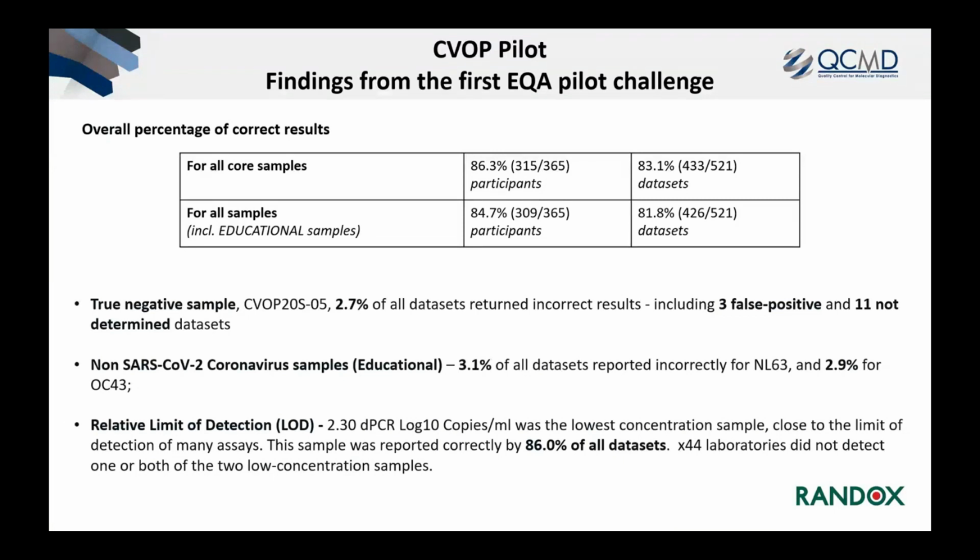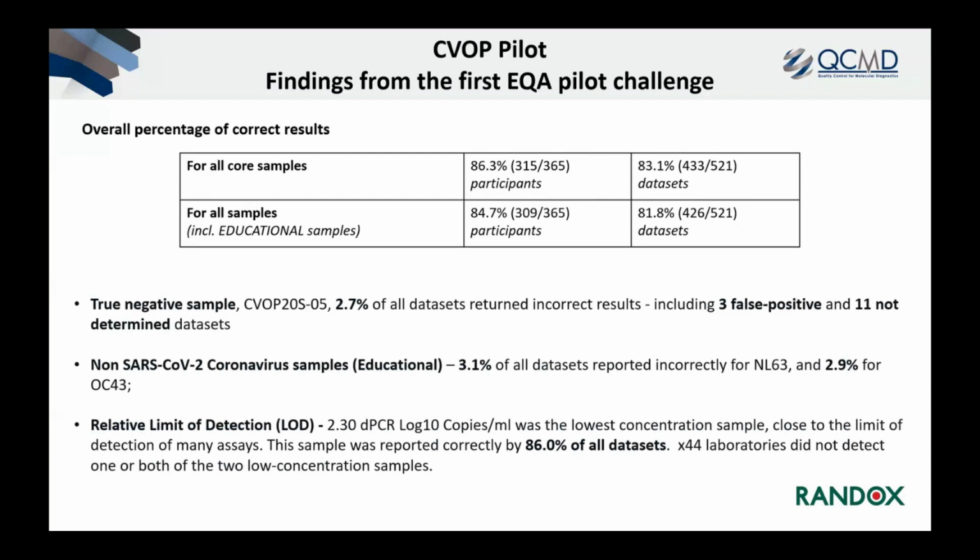When we investigated those results further, we found that some but not all of the results were due to the first round of samples not containing any human material. And because the laboratories were running them true to how they would a clinical sample, because there was no human material within the sample, they would have rejected that as an invalid sample.